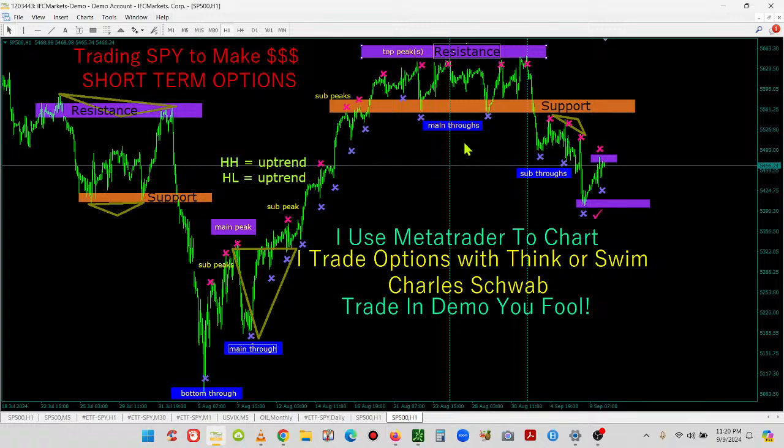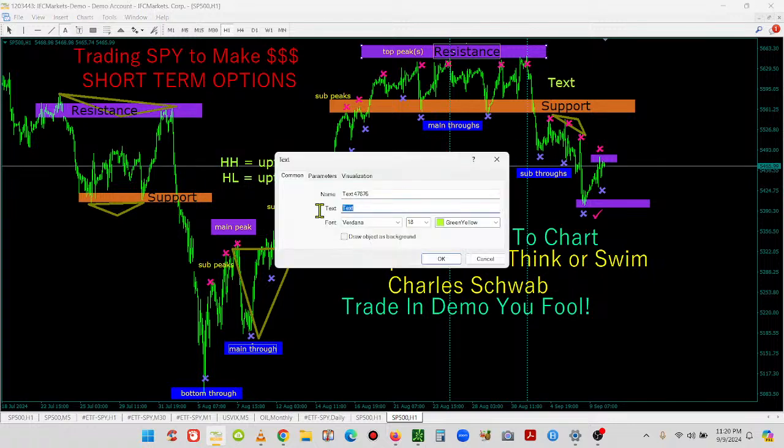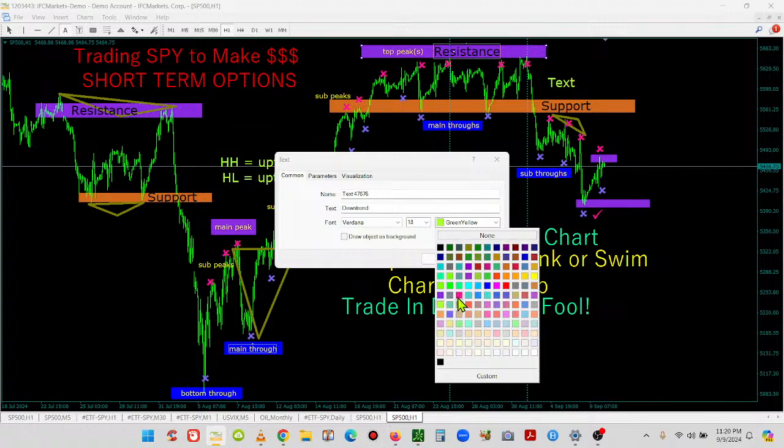But what happens when you have lower lows? Well, for one, you have a broken pattern. Okay? Higher highs, uh-oh. Lower lows. What do we have? What is the magic answer?